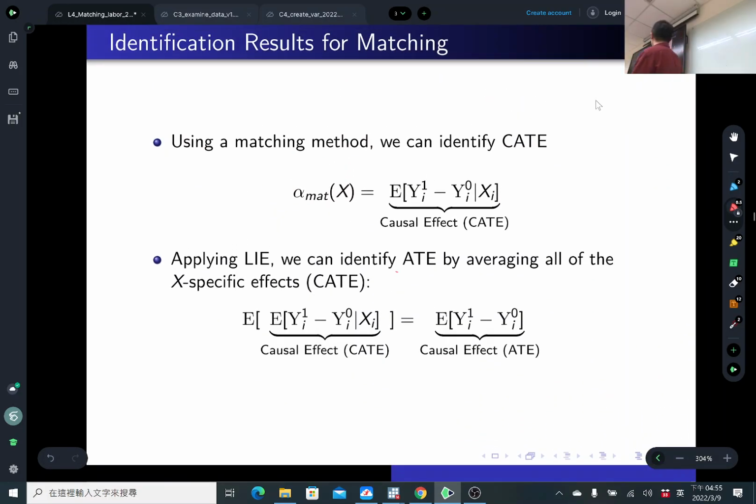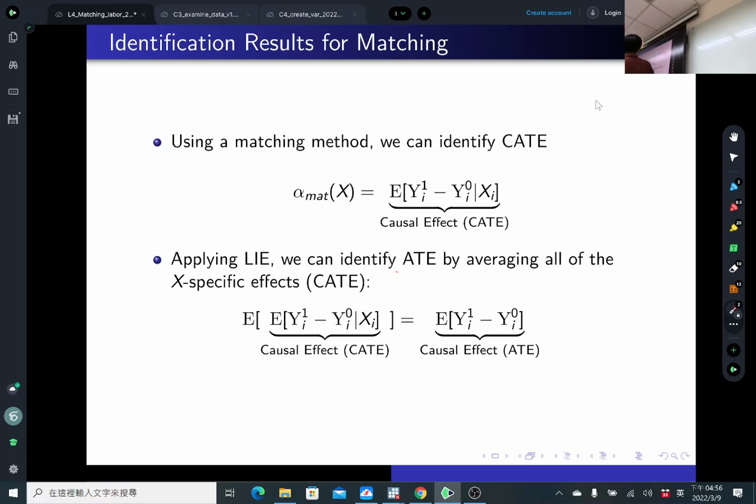So by doing this, you can get a lot of causal effect, because now you have the conditional causal effect based on the same age, the same education, specific value of education or specific value of age.